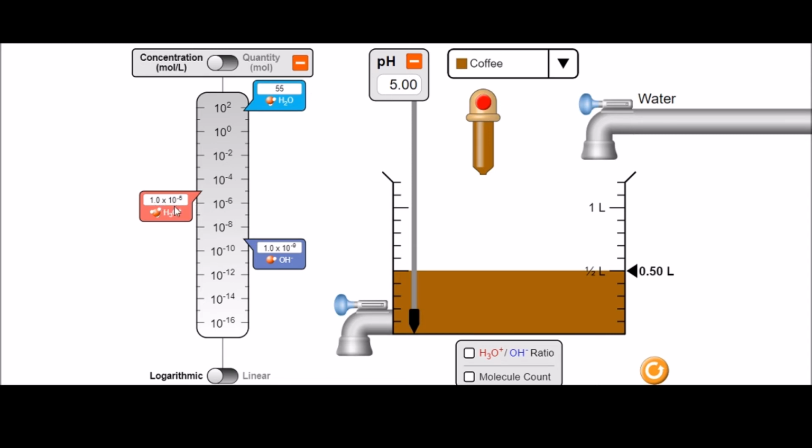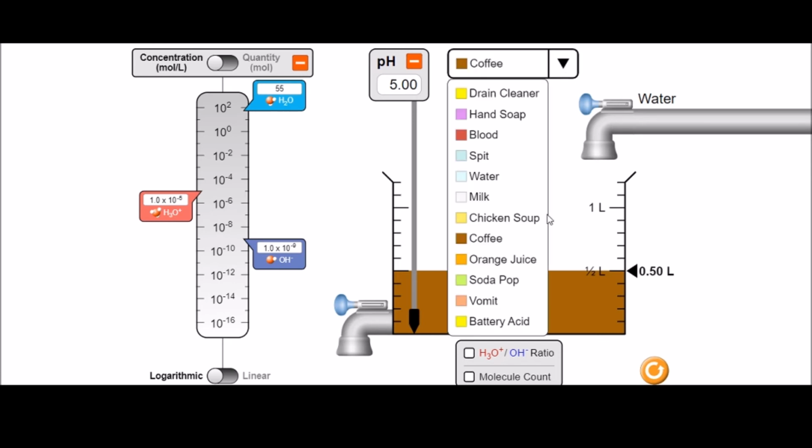So the pH over here is 5, and 5 is a very weak acid, and you can say that coffee is a weak acid, okay? And if you compare that to the OH ions concentration, you can see that the OH ion concentration is 1 exponent -9. That means coffee has a very small number of OH ions, and it has a greater number of H3O positive ions, which makes it slightly acidic, okay?